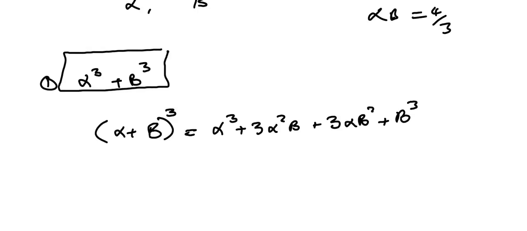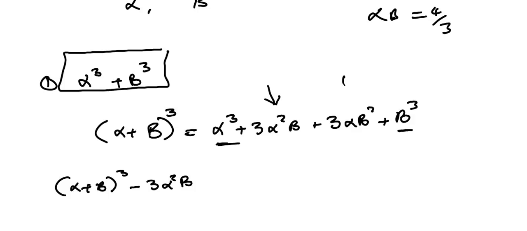So now we're going to make alpha cubed plus beta cubed the subject of the formula by taking everything else to the other side. So we're simply going to have alpha plus beta to the power 3, minus 3 alpha squared beta, I've taken this part here, and I'm also going to take this part, minus 3 alpha beta squared, is equal to alpha cubed plus beta cubed.